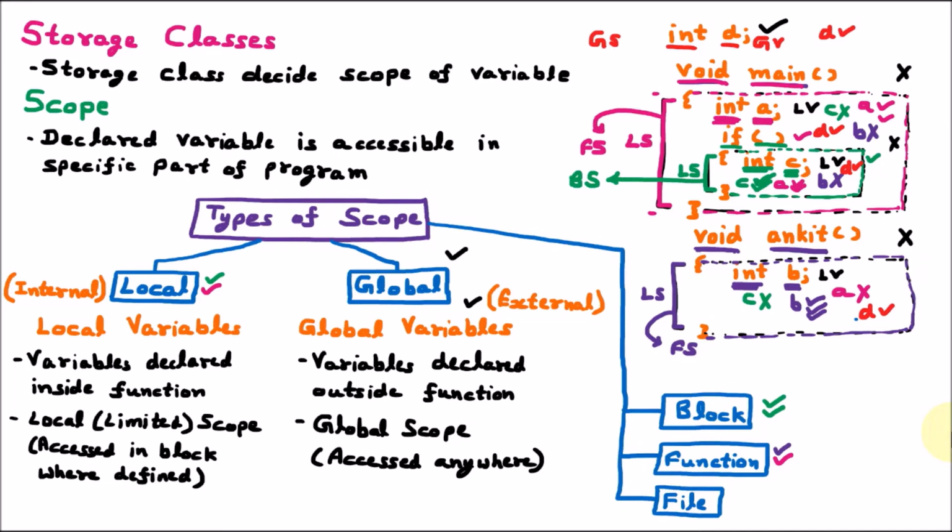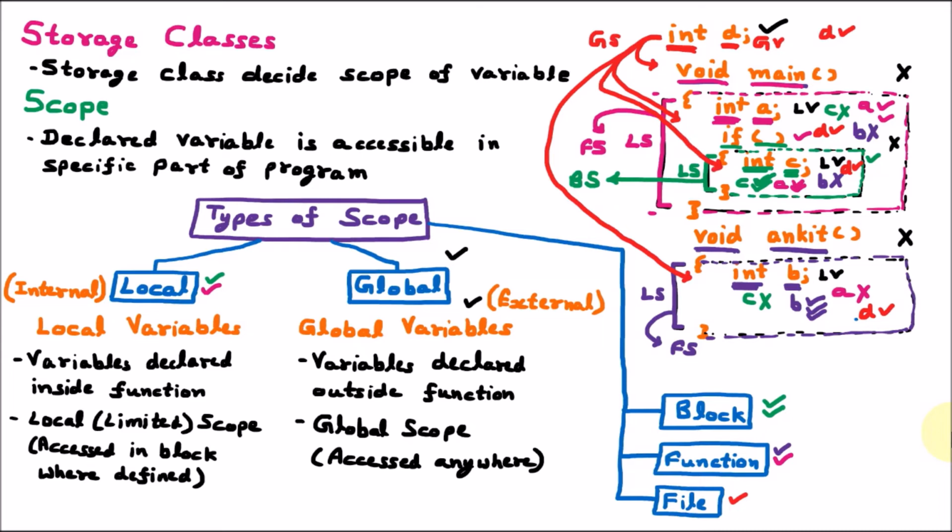Afterward, we have one more scope, that is the file scope. Here we know that one variable we have declared globally, that is int d, and this variable is accessed outside. It can be accessed by a function, it can be main, or it can be the Ankit function, or it can be some block, here the block which is the if.